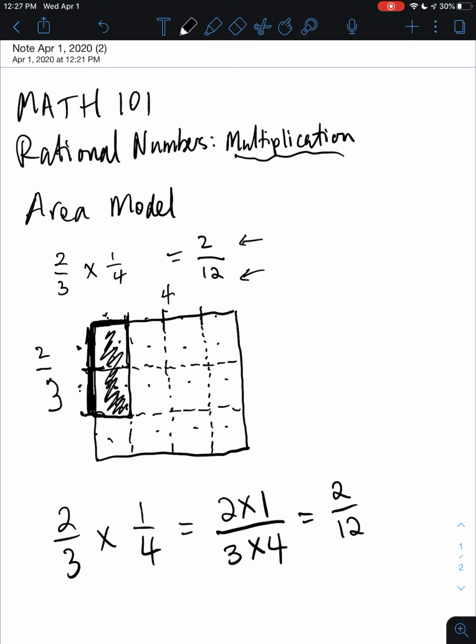So that is the multiplication of fractions. It's actually pretty simple. It only took us a few minutes. Now there's one other step that we've got. Let's go through this again in detail. 2/3 times 1/4 is equal to 2 times 1, multiplying the numerators, over 3 times 4, multiplying the denominators.